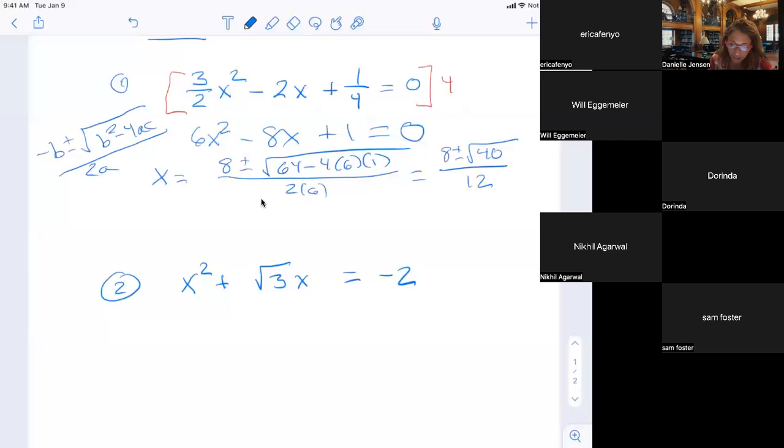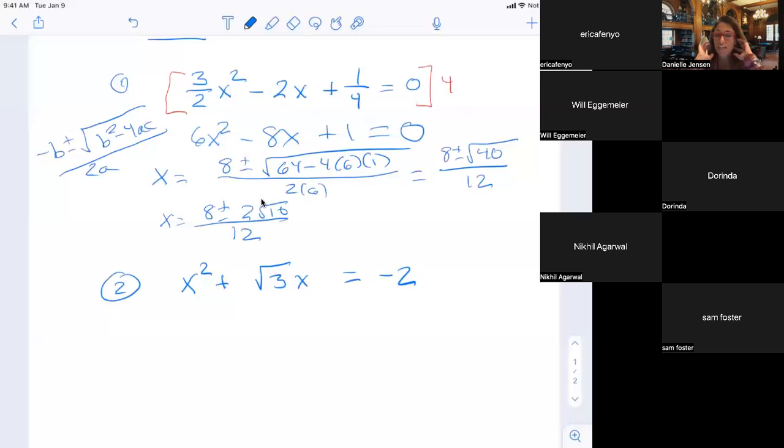So this square root simplifies. What can come out of the square root of 40? What's the perfect square in there? 4 times 10, and 10 is left inside. The 4 comes out as 2, and there's a 10 left inside.